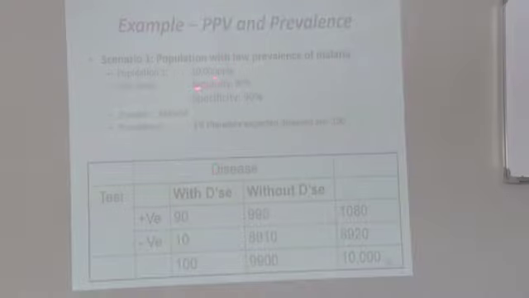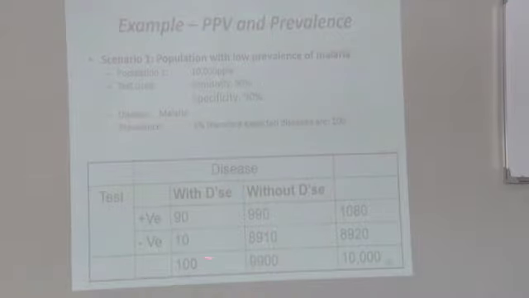Now, when we apply our test, we say the sensitivity is 90%. So 90% of the people with the disease, 90% of 100 is 90, so the balance is 10. Now, the specificity here is also 90%. So 90% of 9,900 is 8,910, and that means the false positives are 990.